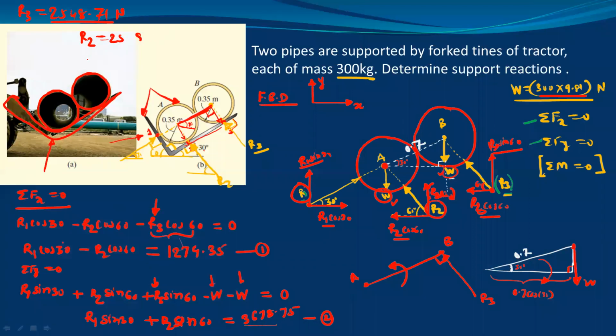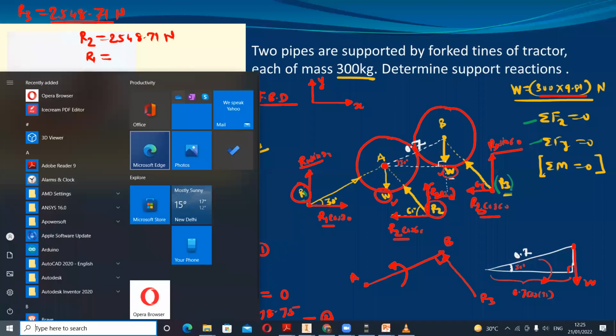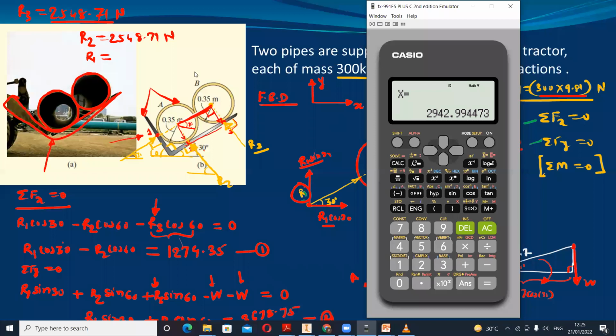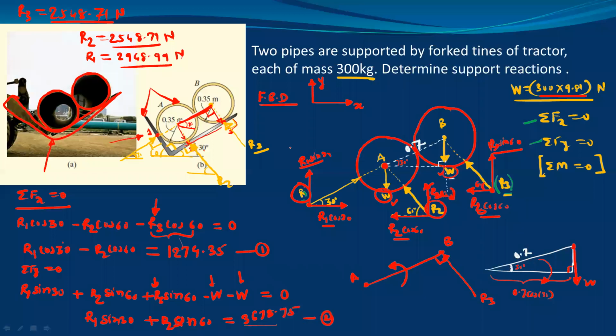So this is r2 and r1 is 2948.99. Okay, so here we have calculated all support reactions. Support reaction at point 1, at point 2, and at point 3. So this is one way to solve this problem.